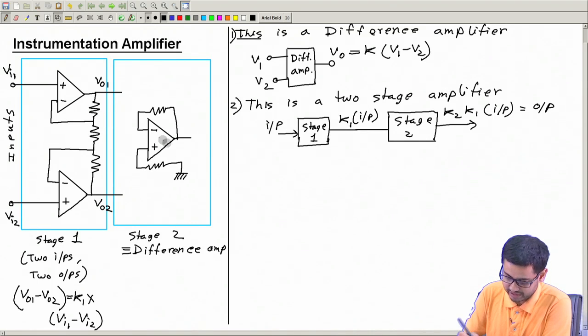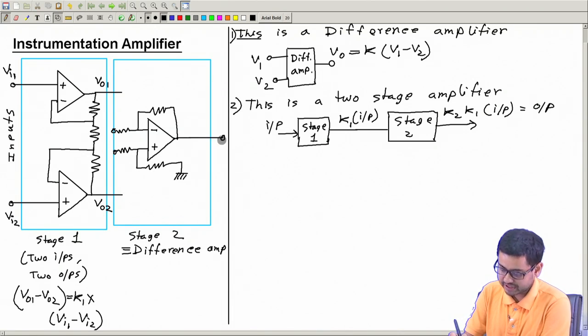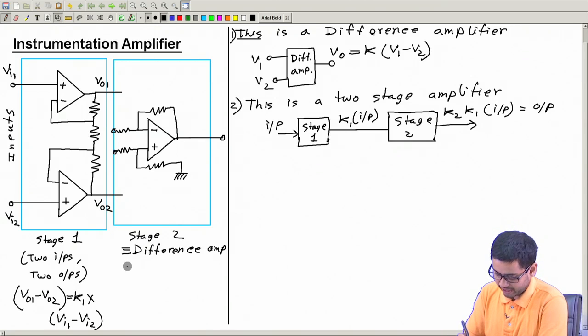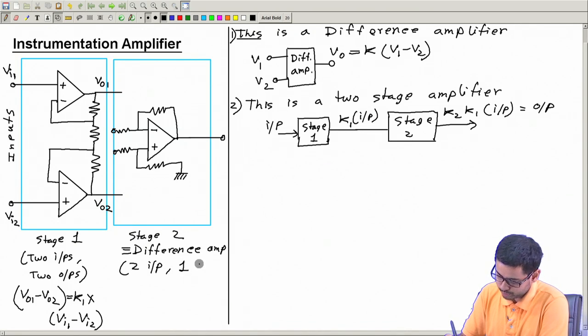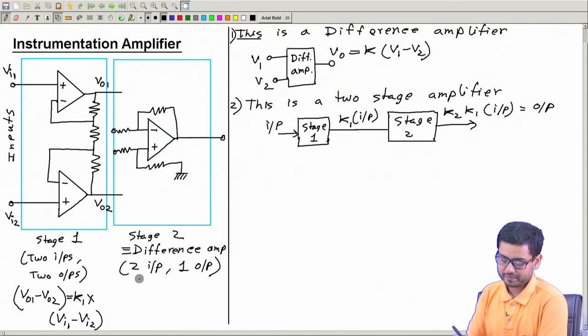Then we have two more resistances, and these two are going to be the input of this difference amplifier, and this is the output of the difference amplifier. So, this is a two input, one output amplifier, a normal difference amplifier.